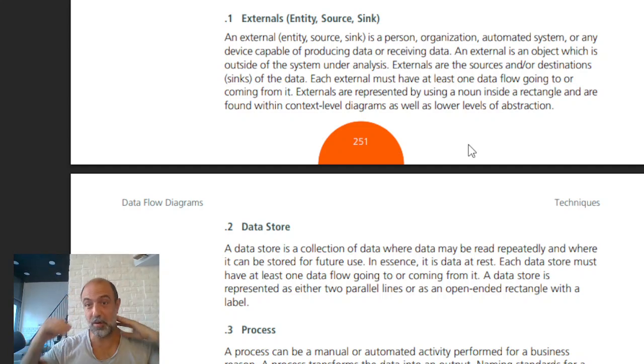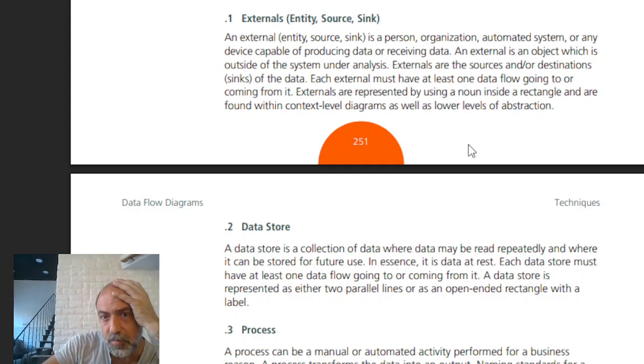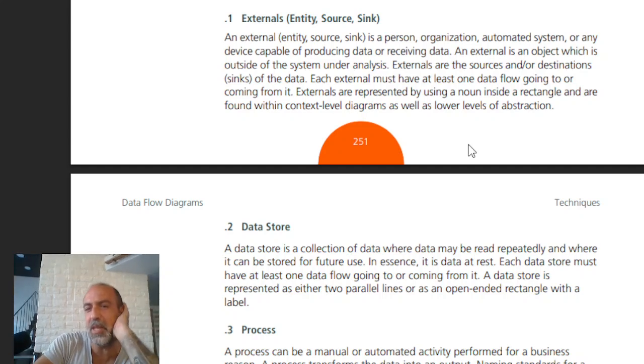Externals are the sources and or destinations, sinks, of data. Each external must have at least one data flow going or coming from it, or else what's the point? Why would we mention it if it's not connected to us? Externals are represented by using a noun inside a rectangle and are found within context level diagrams as well as lower levels of abstraction.